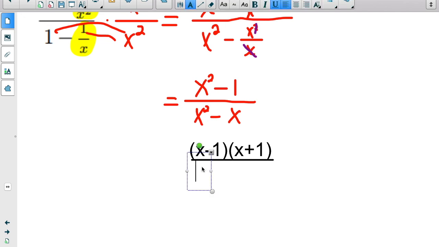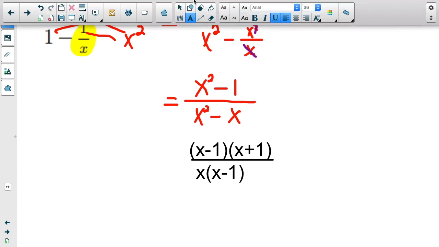And then on bottom, we have a greatest common factor of x that I can factor out. x times, if I factor an x out of x squared, I'm left with x minus 1, because the other x factored out completely.